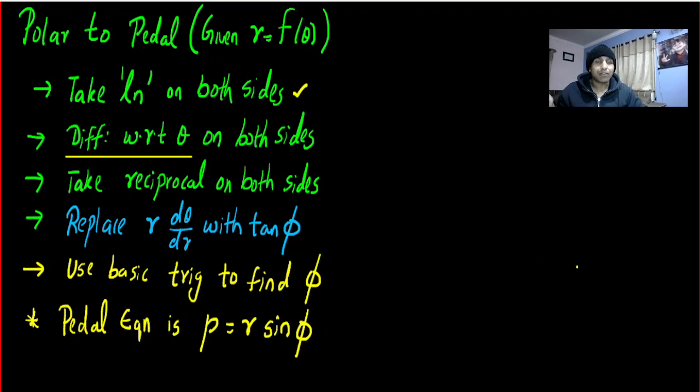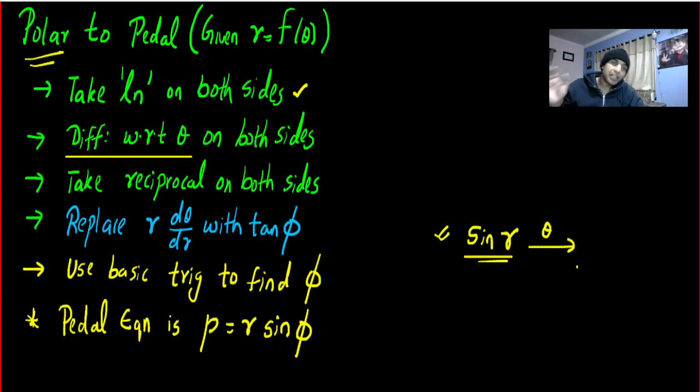Now you have to be very careful with that. Suppose I am going to differentiate sine r. By the way, in polar equations, there will not be any x and y. Our hero will be r as well as theta. So imagine I want to differentiate sine r with respect to theta. So the derivative will be cos r multiplied by dr by d theta.